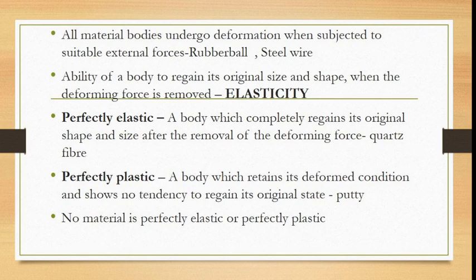And when this load is removed, it regains its original length. Those are simple examples which help you to identify how an applied force is given and how it is removed, so that the material body regains its shape after the removal of the deforming force.